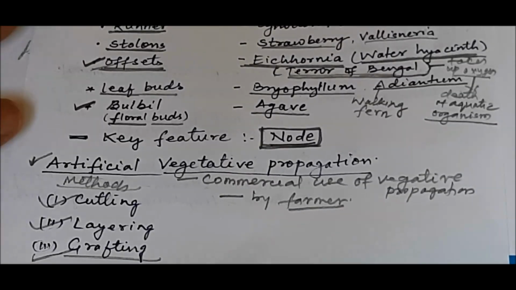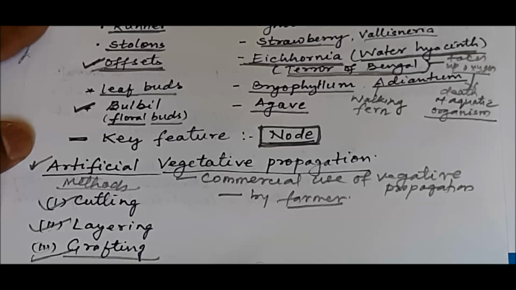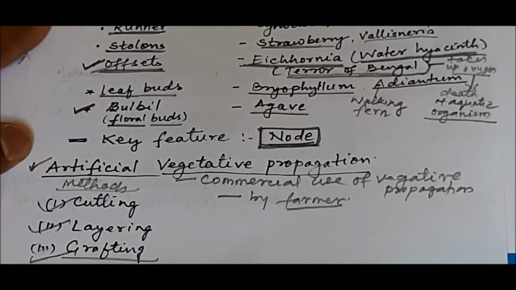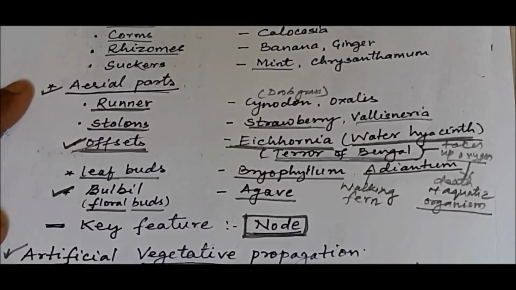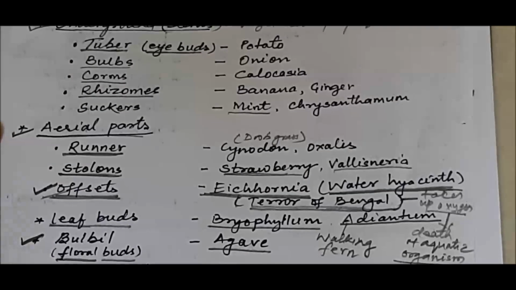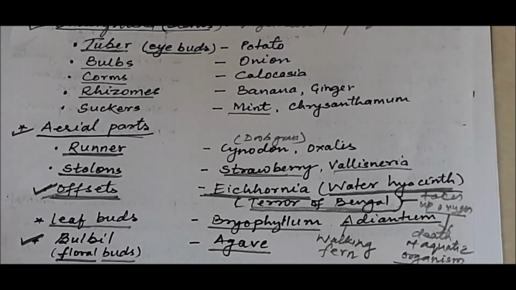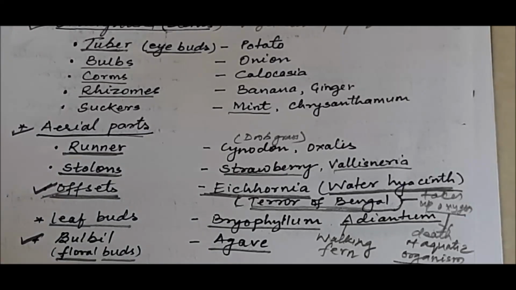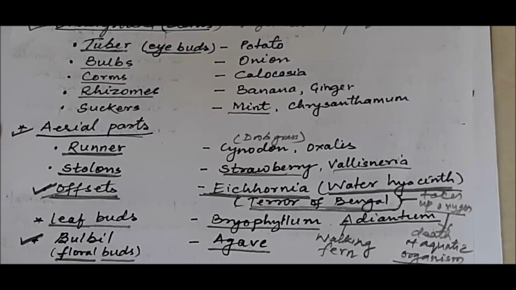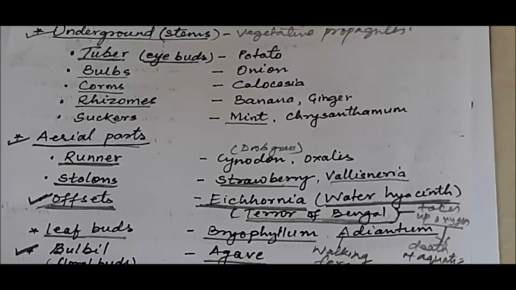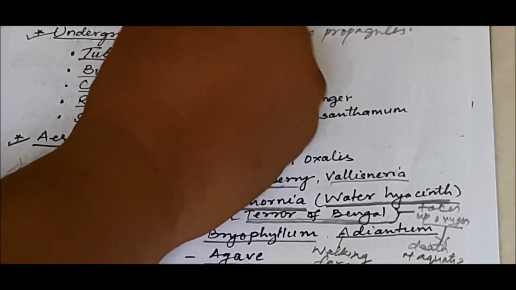So now we have studied asexual reproduction, or vegetative propagation, in plants. We have seen that many vegetative parts of plants which have the capacity to grow into a new plant are called vegetative propagules.